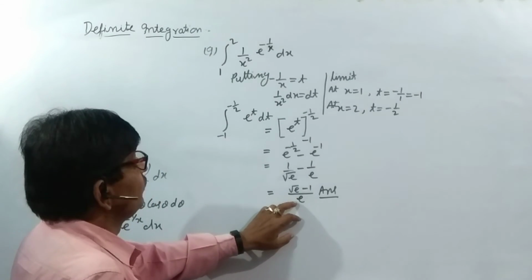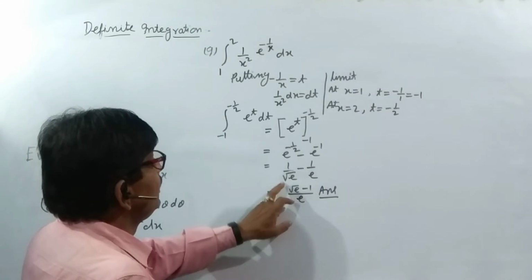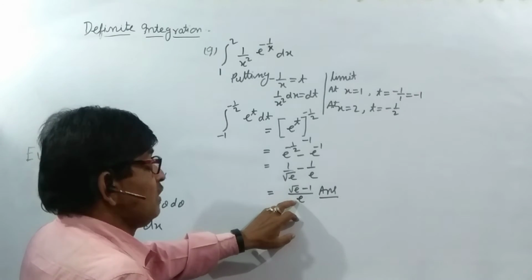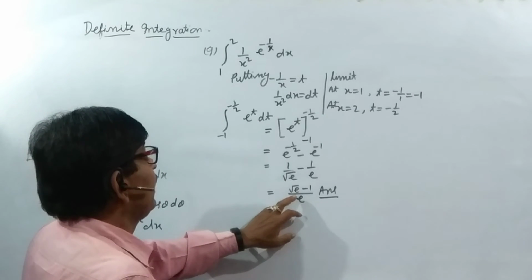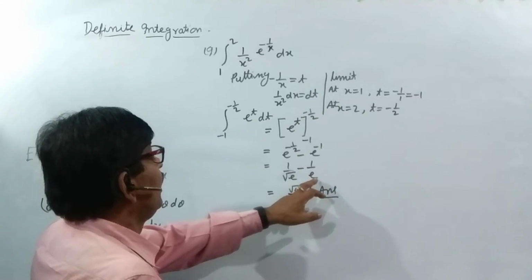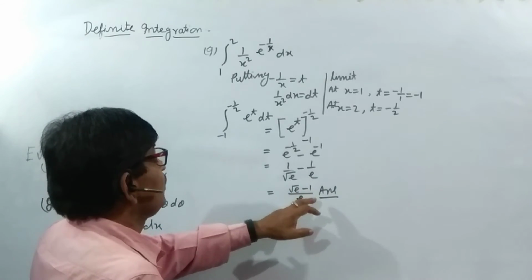Taking the LCM e, divided by this and multiplied by under root e, and e cancels, this is a minus 1.